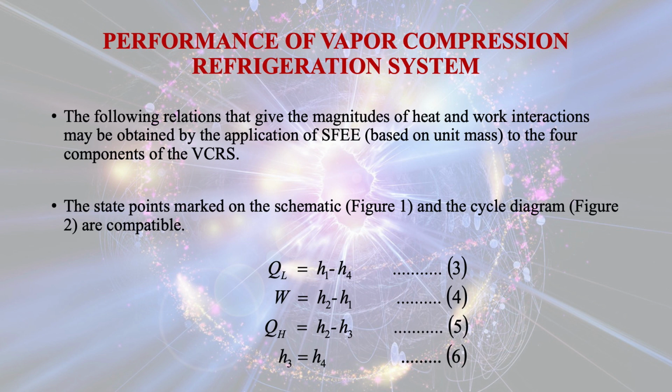But when you talk about the expansion process, when the refrigerant is passing through the expansion device, the enthalpy before and after the expansion process will be the same. So during the throttling process, H3 is equal to H4.